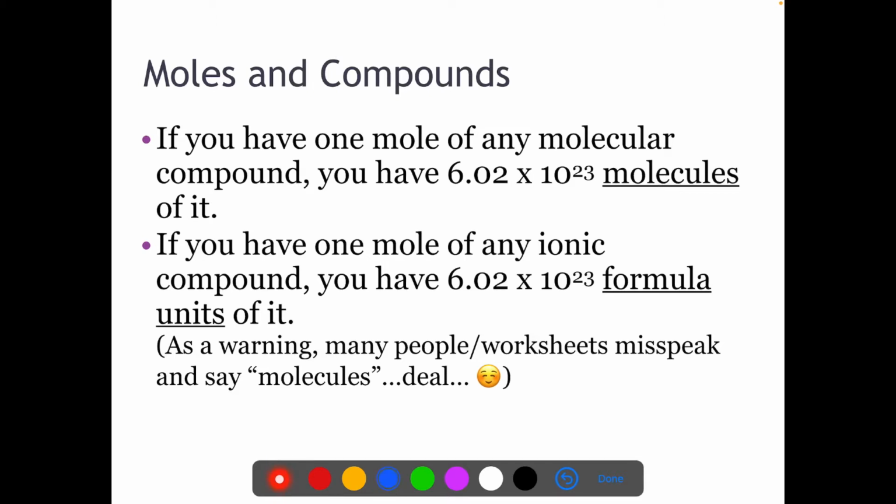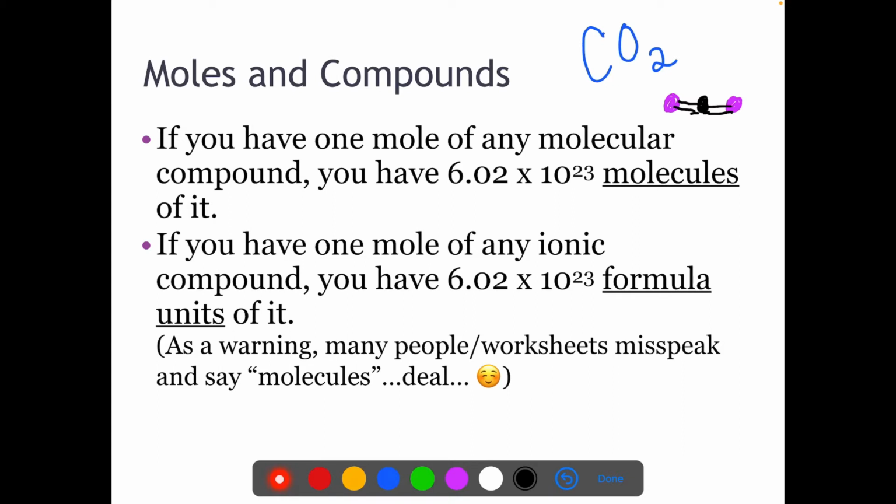So we can take carbon, and if carbon bonds to oxygen, it forms something called CO2. So if you have 1 mole of CO2, it means that you have 6.02 times 10 to the 23rd molecules of CO2. All right, now if you'll remember from the last chapter, CO2 has the oxygens on the side, and there's a carbon double bonded in the middle, and that's what a CO2 molecule looks like.